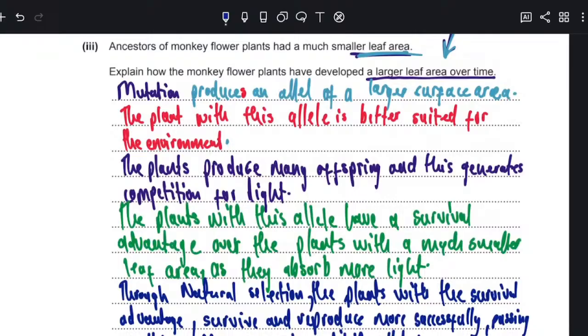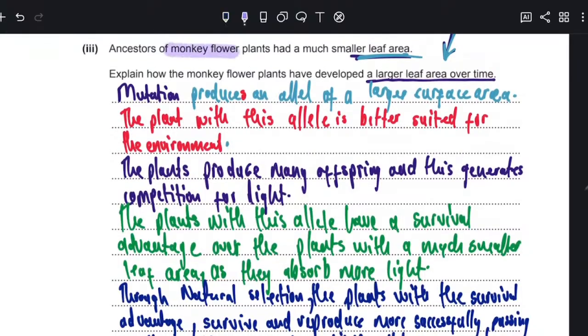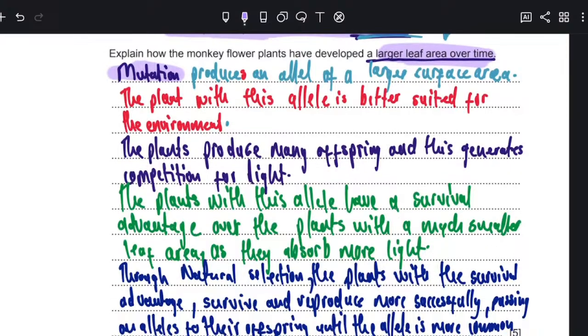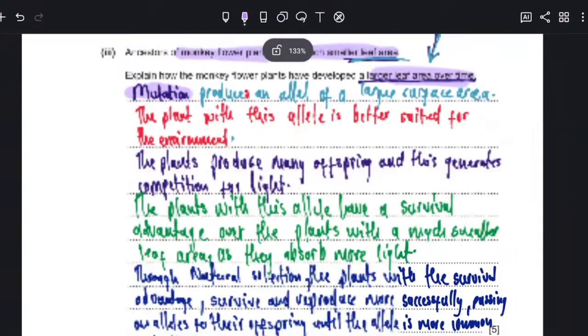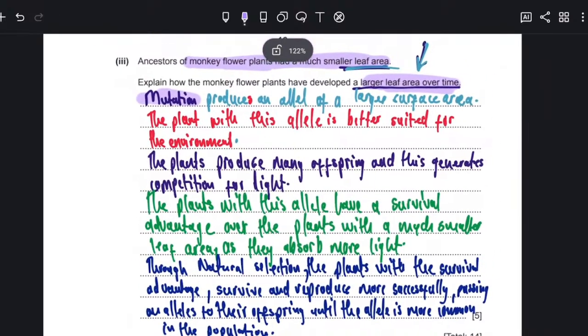So, the only way a new allele of large surface area was there is through mutation. Mutation leads to variation in a population. So the only reason we now had the one with the large surface area is because of mutation.